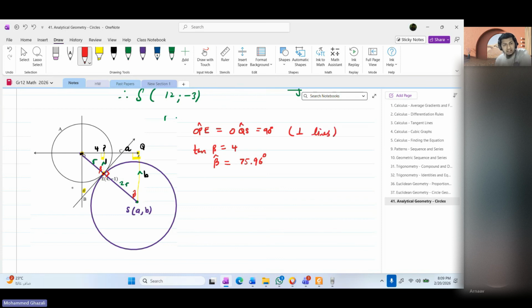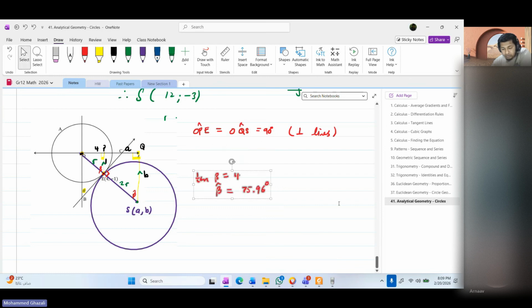So if they're both 90, obviously these lines become parallel. I'm trying to use geometry and trigonometry to solve this. So this means that PE is parallel to SQ because corresponding angles are equal.